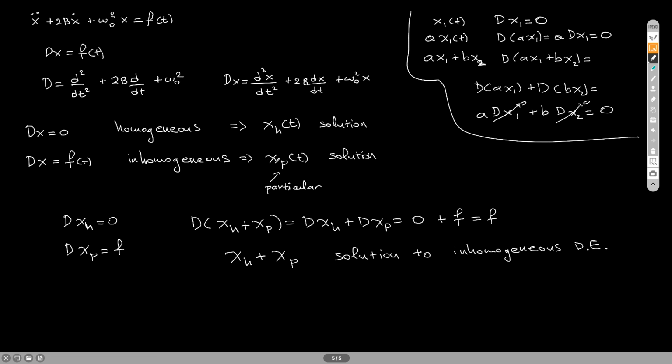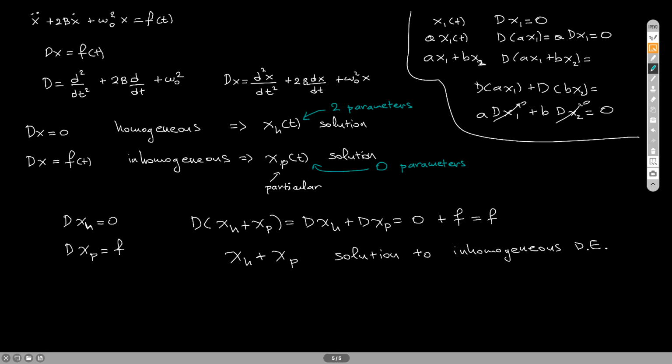Because I did mention that this particular solution, x sub p, is a solution to the differential equation. Well, I want to remind you, when I solve the homogeneous differential equation, this will include the two parameters, the two constants. In contrast, this particular solution will include 0 parameters.